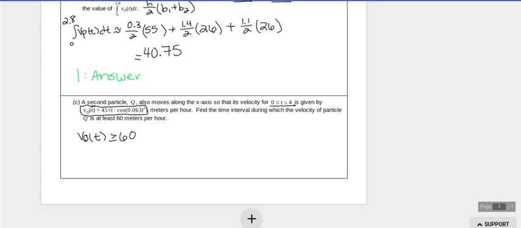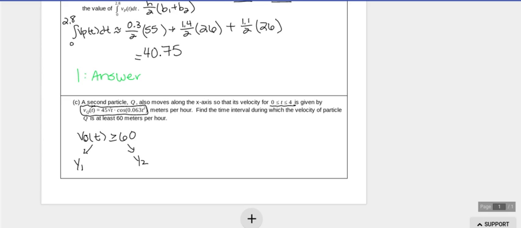What you're going to do is put Vq of t into your calculator and graph it as y1. And then you're going to graph y equals 60 as your y2, find the points of intersection, and see where it is greater than or equal to 60.